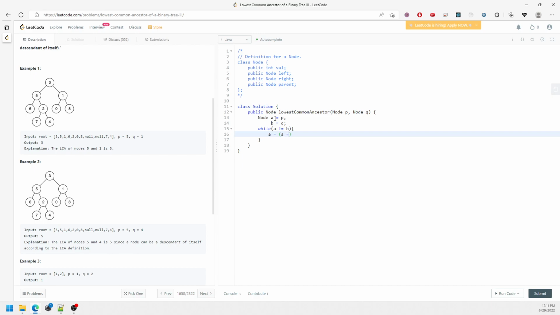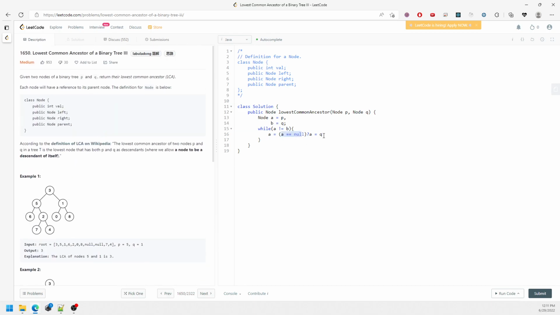If A equals null, then I'm going to connect A to Q. So A was P. If I find out there is no parent, I will just go back to the other one's default value, so this is the default value, P and Q. If they are not null, I'm going to say A equals A's parent.